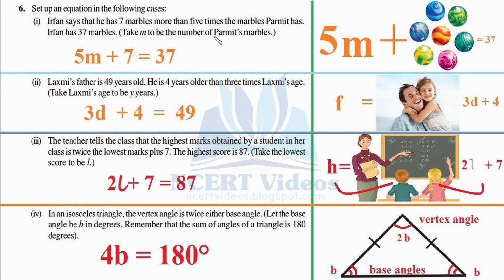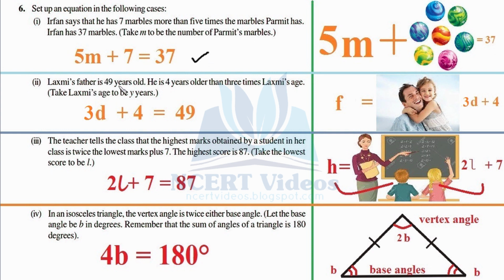So we have to consider Parmit's marbles as M. 7 marbles more means 7 plus 5 times of M, because Parmit is represented with M. 5M plus 7. That is equal to what? Irfan says that he has 37. So this whole thing is equal to 37. Therefore 5M plus 7 equals 37.